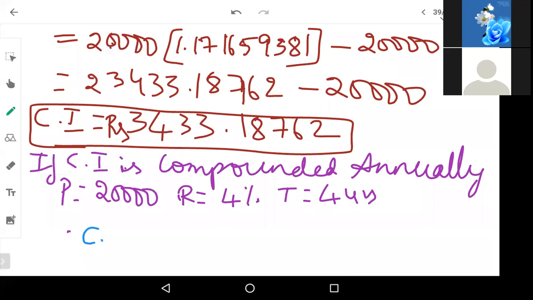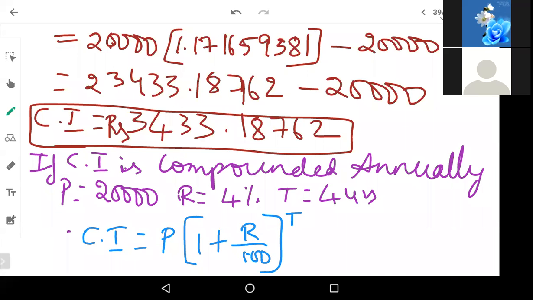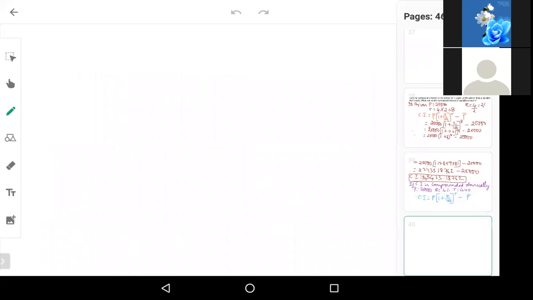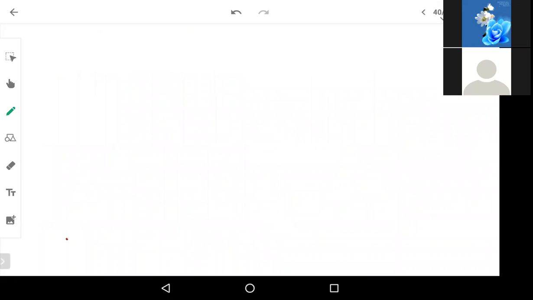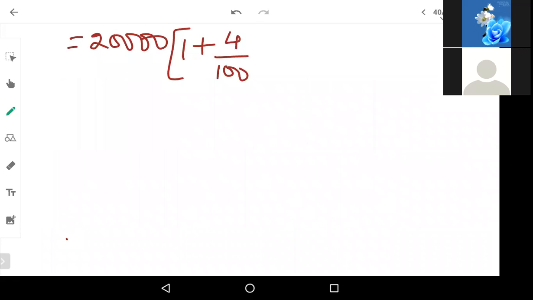So compound interest will be principal into 1 plus R by 100 to the power T minus P. Okay, now let us apply all of the numbers. Now the principal is 20,000 into 1 plus R is 4% divided by 100 to the power 4 minus P is 20,000.